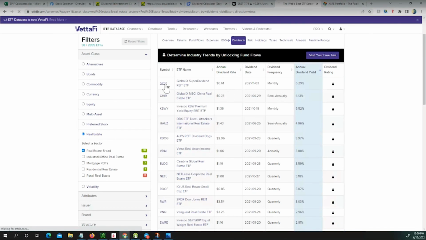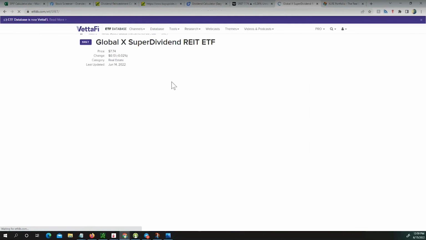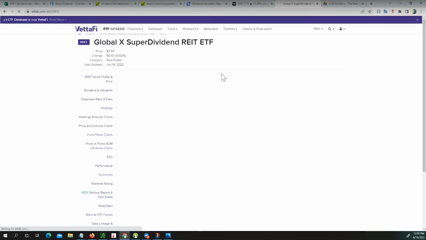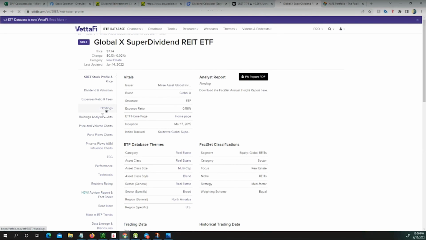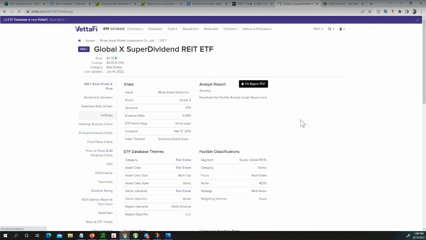And if you want to know their holdings, like I said before in the ETF discussion, you click on that ETF, then you go to holdings right here. Under holdings, you can see what companies they invest in and what they are all about. As we have it load, we'll see in a moment.